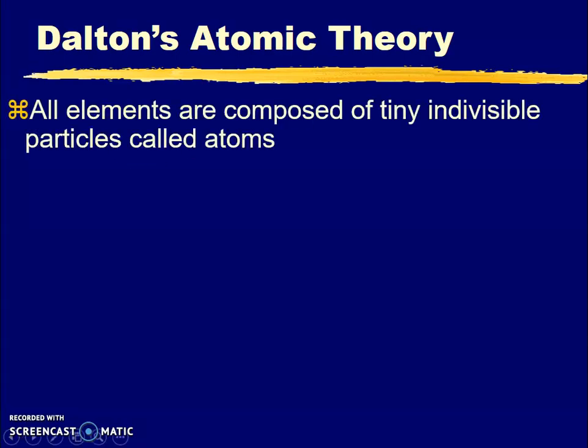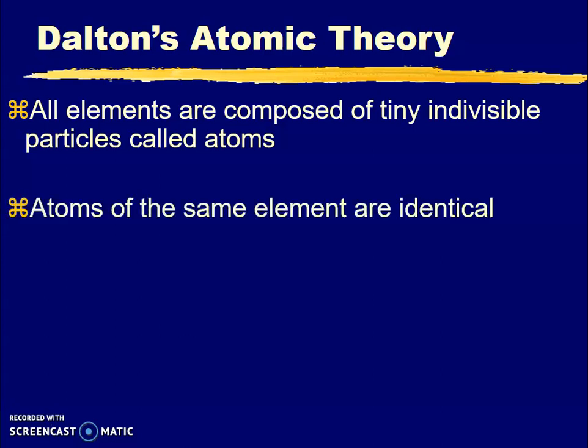All right, one part states that all elements are composed of tiny, indivisible particles called atoms. Okay, so everything on that periodic table is made out of atoms. Okay, atoms of the same element are identical. Okay, so this atom of copper and this atom of copper are identical.